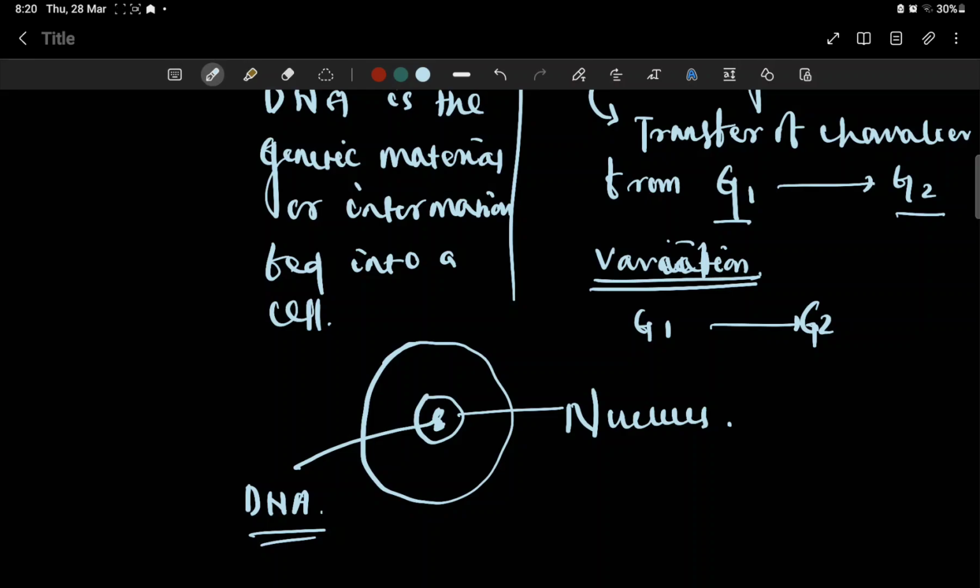Similarly, DNA is the software of the cell, which is the information fed into a cell.